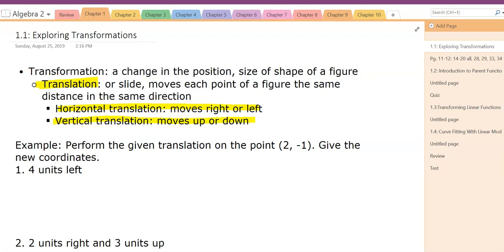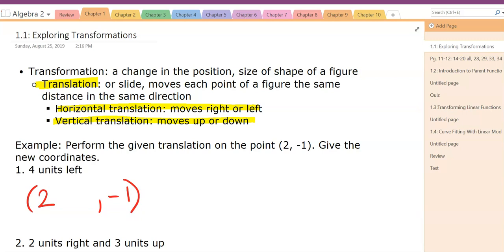For this first example, it says we have the point (2, -1), and they want us to give the new coordinates if it moved 4 units to the left. Right or left would be a horizontal translation. So if I'm moving this 4 to the left, since it's horizontal, that's my x-axis, it's going to affect the x coordinate. So (2, -1). I'm not going to do anything to that -1, so I'm going to leave that alone.